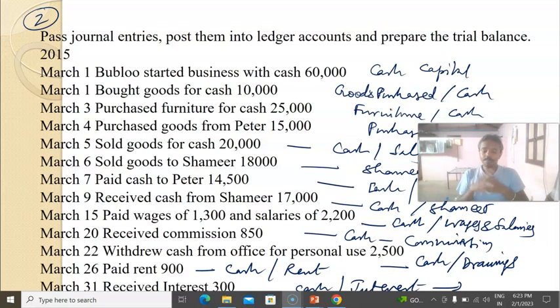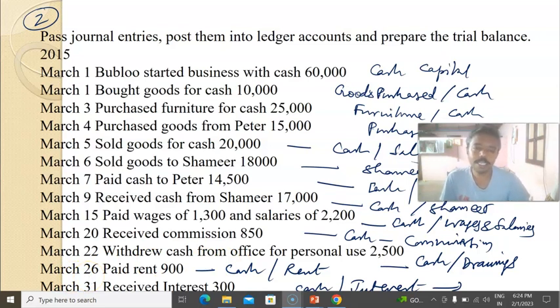Interest is an income, a nominal account. The nominal account rule is credit all incomes and gains. So as interest is an income, we credit it. So the entry would be cash account debited rupees 300 to interest account rupees 300, being interest received for rupees 300 on March 31.